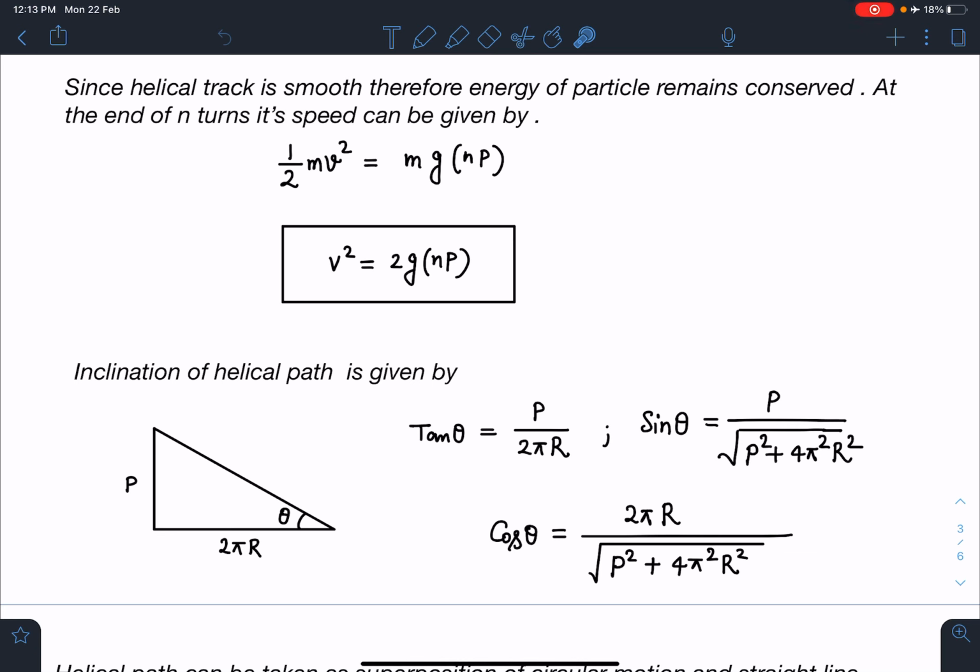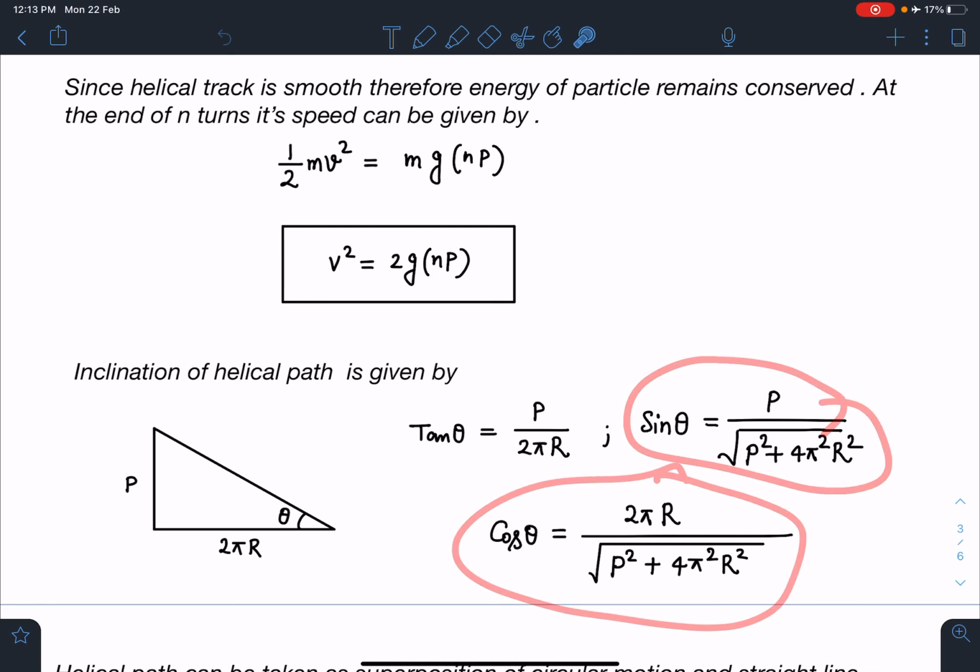So the inclination of the helical path: it will rise up or come down by this pitch p for a complete rotation along the horizontal axis, so the total horizontal distance is 2 pi r. So here we can write tan theta is p by 2 pi r. So we know the value of cos theta as well as sin theta in this problem.